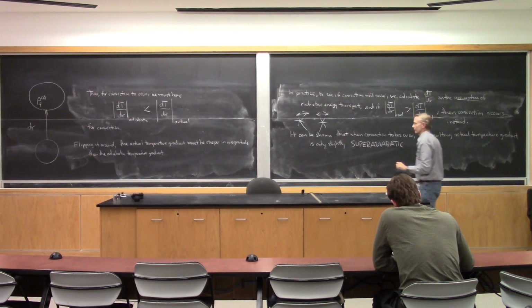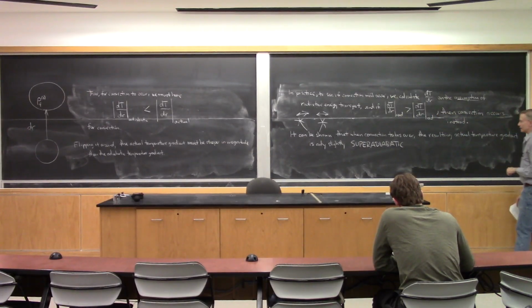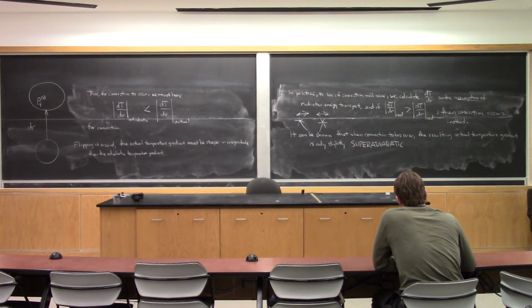That's the fancy word for exceeding the adiabatic gradient. If the surroundings gradient is steeper than the adiabatic gradient, then that's when you will get convection, so you need a super adiabatic temperature gradient.